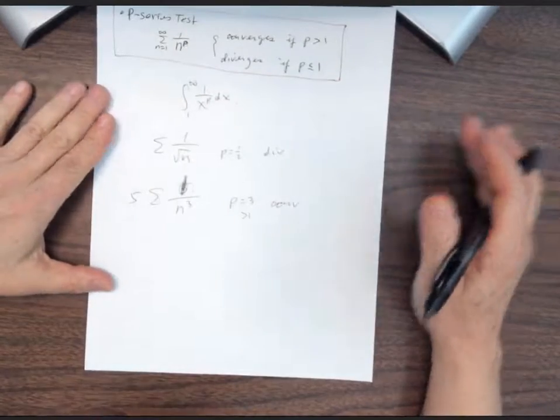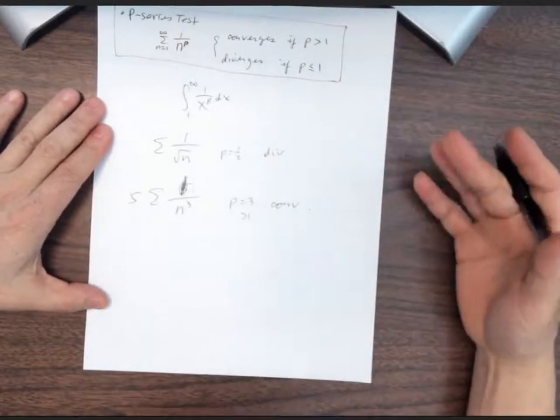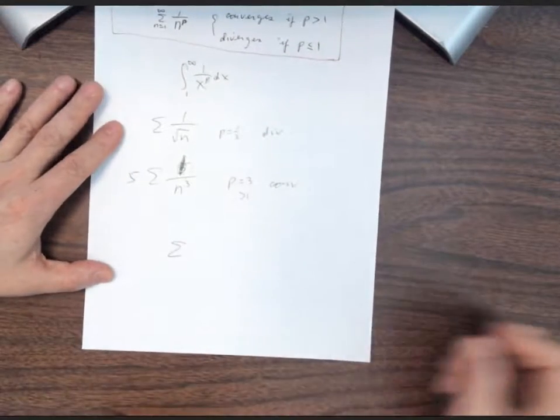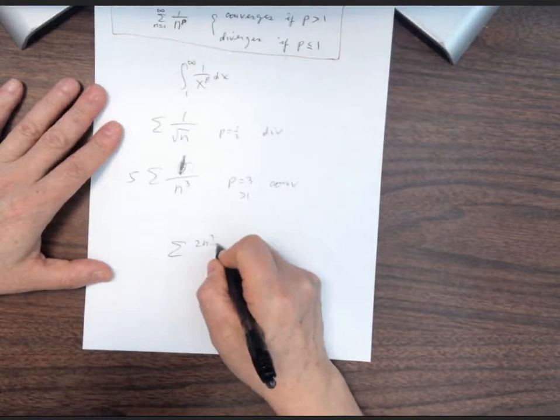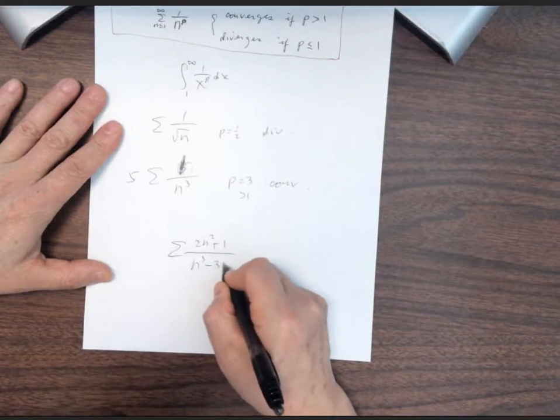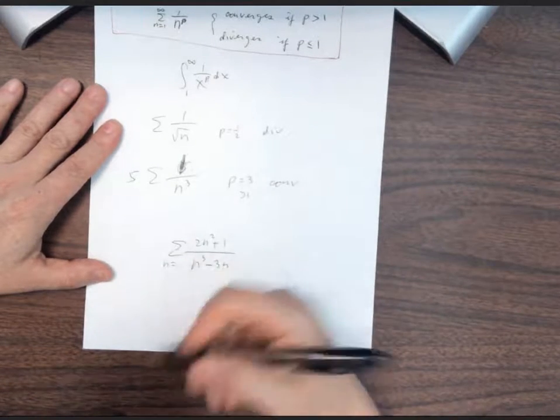Not necessary to draw a definite conclusion, but to have some idea, just a head start. For example, if we have the series of 2n squared plus 1 over n to the third power minus 3n, say n starts from whatever.